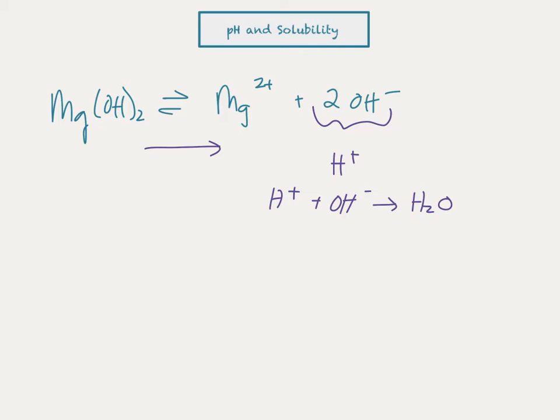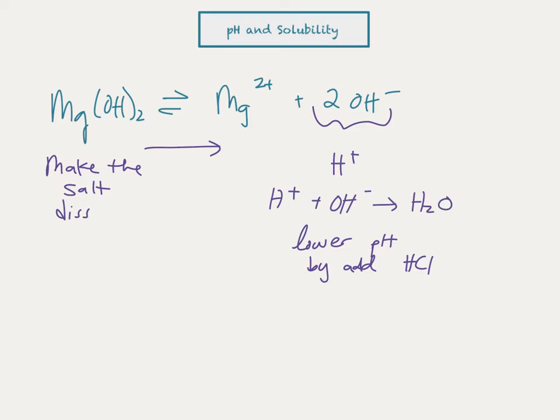Again, if you lower pH by adding a strong acid, for example, hydrochloric acid to solution, you will make the salt dissolve more. This increases the molar solubility of the magnesium hydroxide.